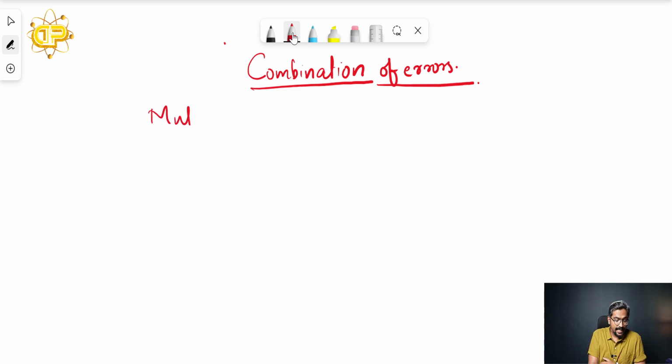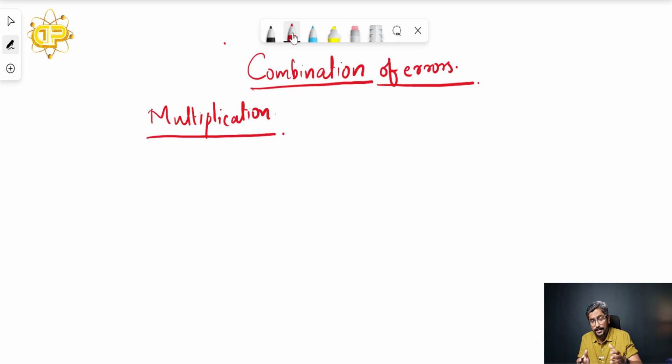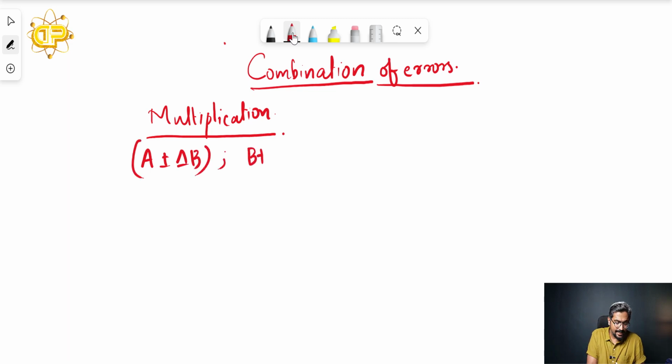So what happens in the case of multiplication? You have two readings, say A plus delta A and B plus delta B. Now, what will be delta Z, the combined error, here?